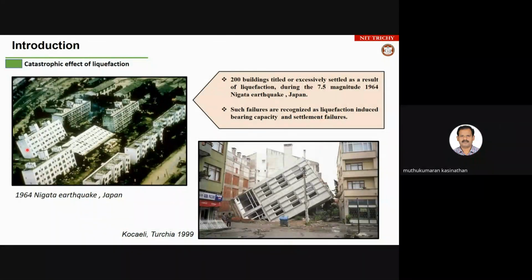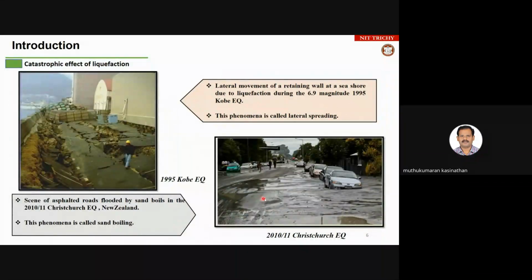You can see these buildings simply tilted or rotated, and structural distress is very minimal. It is only a problem related to liquefaction of the supporting soil. Buildings simply settle down or tilt as you have seen here. It is very dangerous, especially during liquefaction.